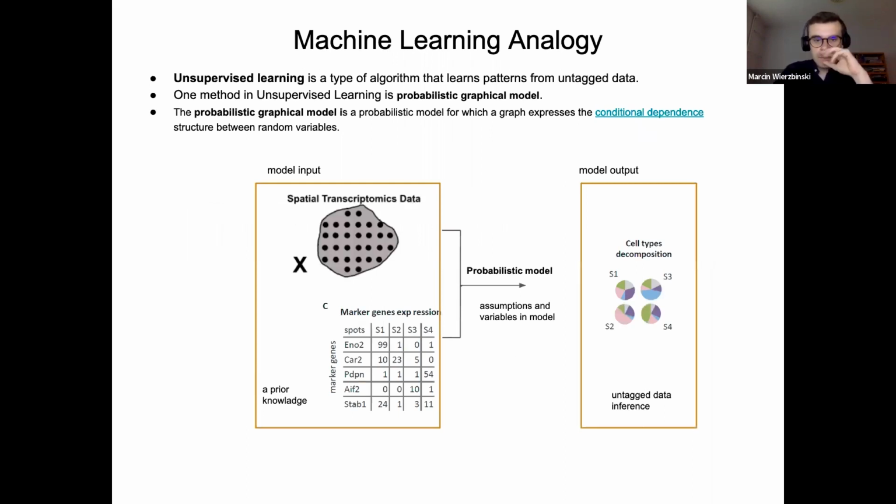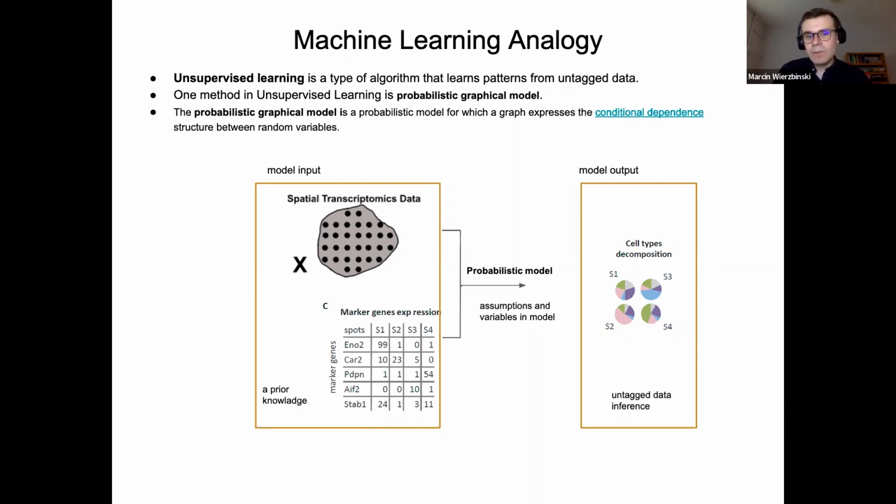So I think it's nice to show this problem as a machine learning problem. Building a model is similar to some analogy from machine learning. This is called unsupervised learning, which is a type of algorithm that learns patterns from unlabeled data.